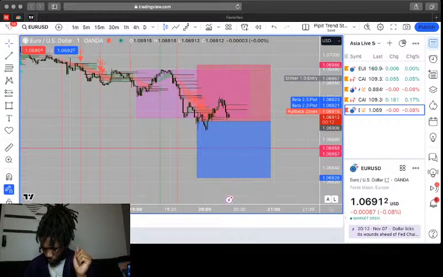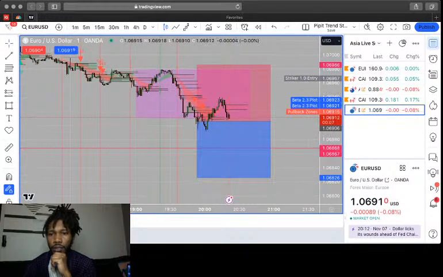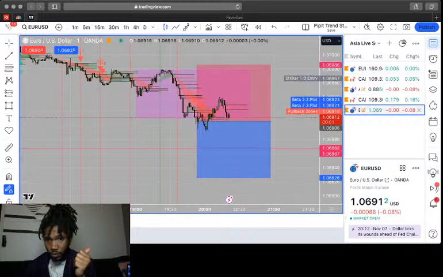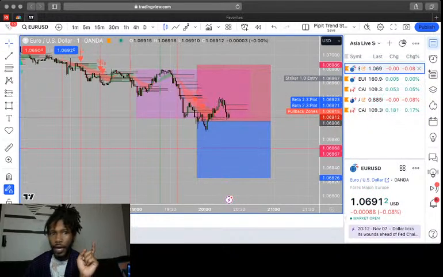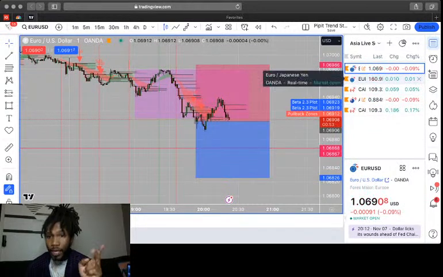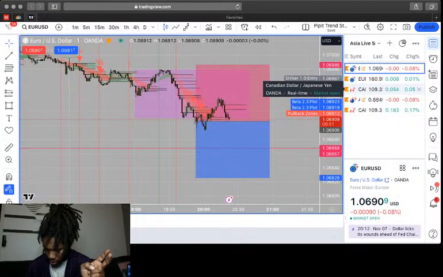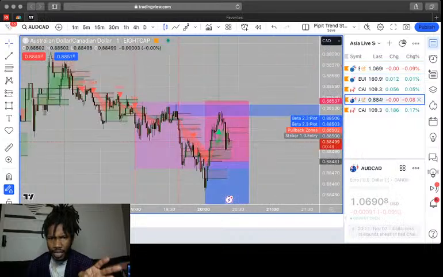So as the market slowly but surely pulls back, we have EU, EJ. We move this up and put these in order from where I actually entered the market. So we have EU, EJ, CAD-J, and ACAD.